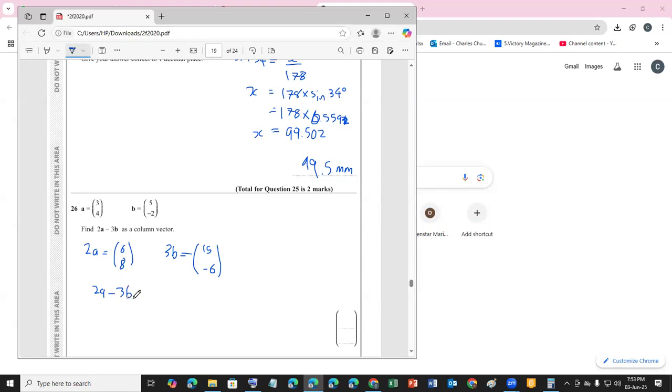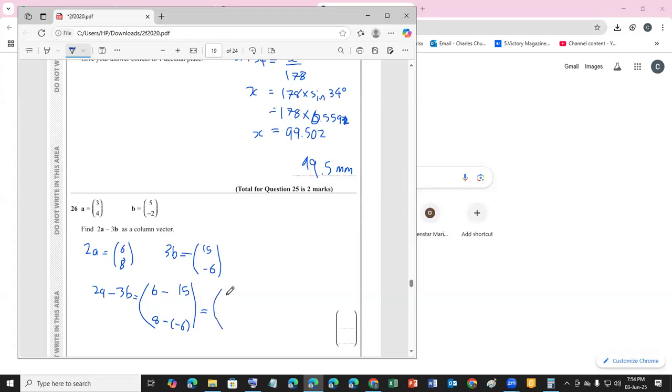Now that's going to give us, on top you have 6, isn't it? Minus 15. And at the bottom you have 8. Now you have to be careful with that bottom part. 8 minus 6, isn't it? So 6 minus 15 will give us what?